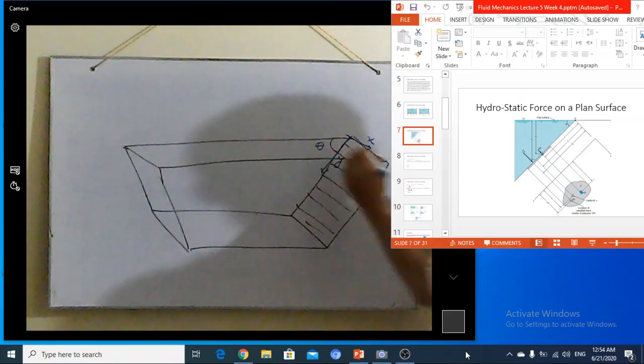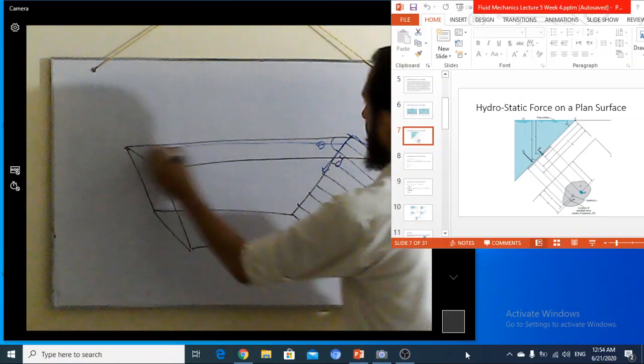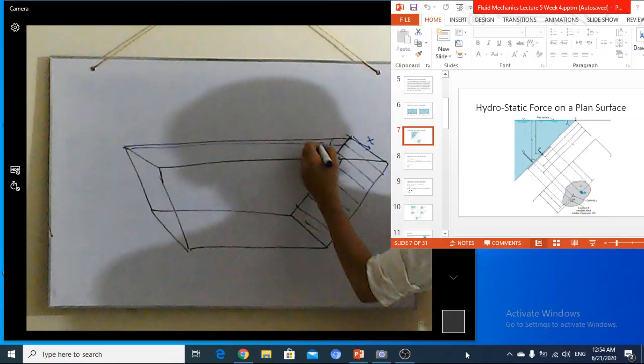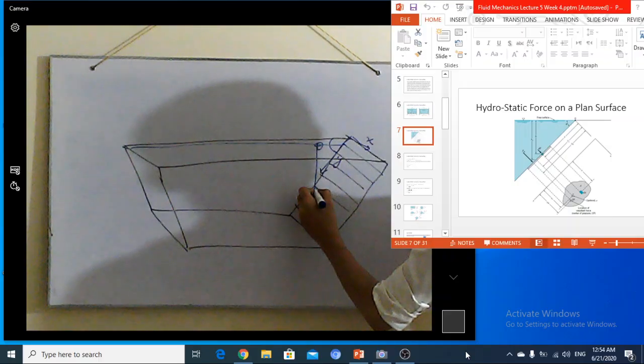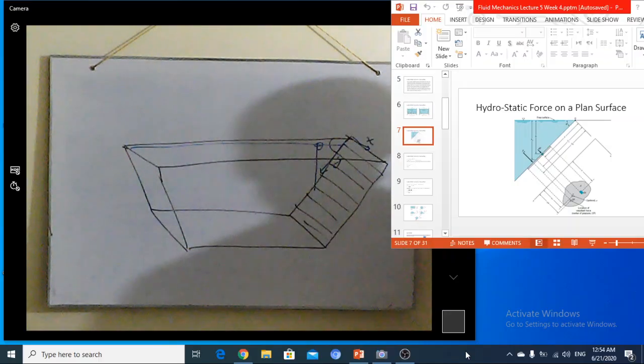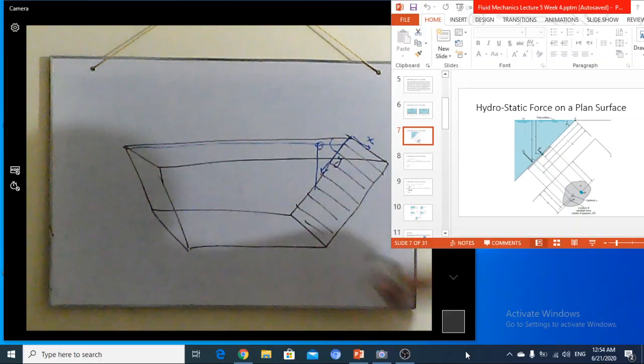If the liquid is filled up to that height, let's say completely filled, and it has a certain height, it makes a triangle.